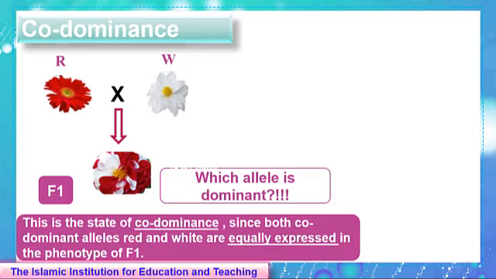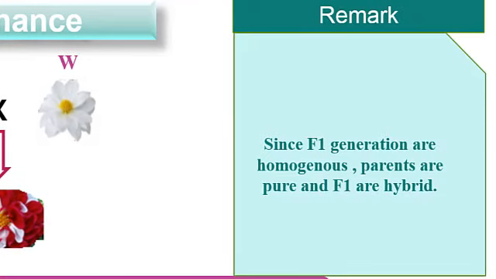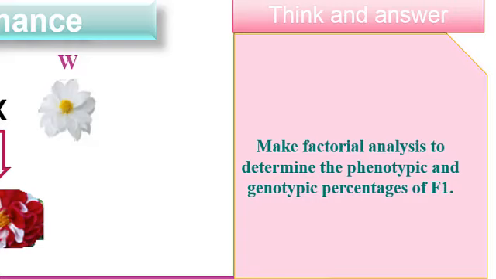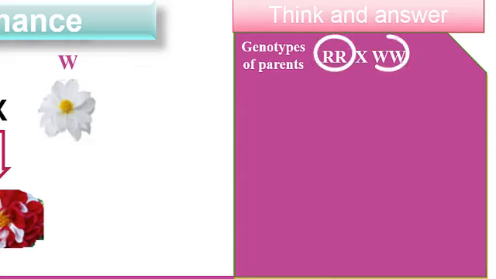Now, since F1 generation are homogeneous, parents are pure and F1 are hybrids. Make factorial analysis to determine the phenotypic and genotypic percentages of F1 generation. Genotypes of the parents are RR and WW. Suppose this is the male and this one is the female.